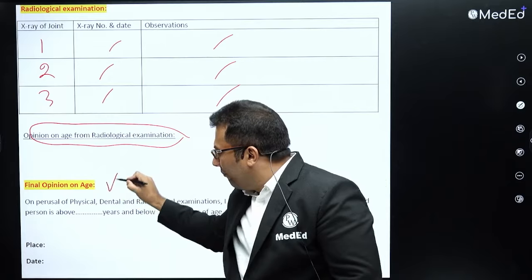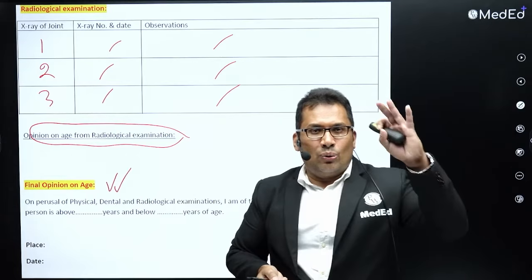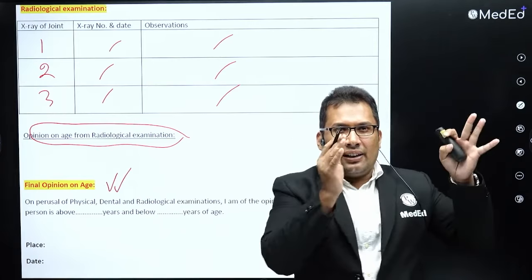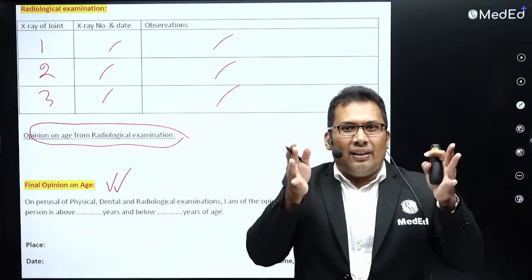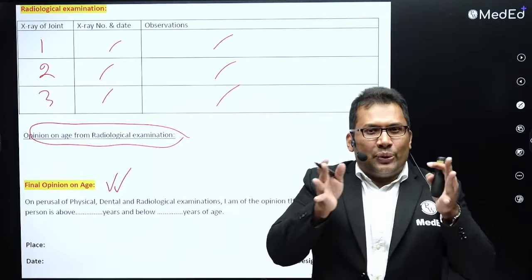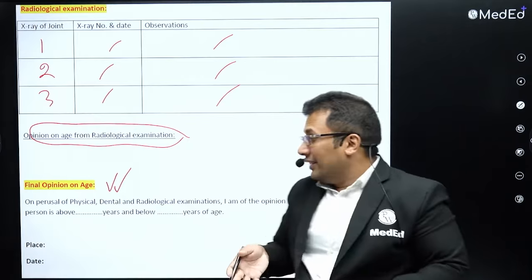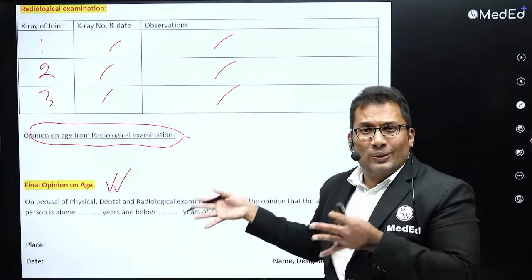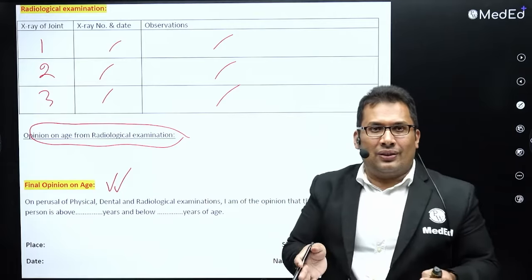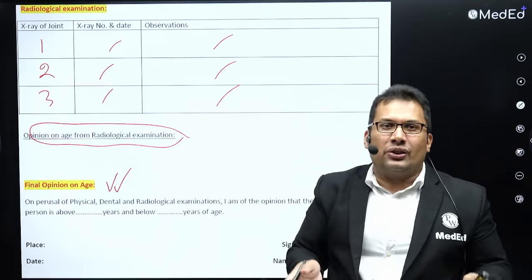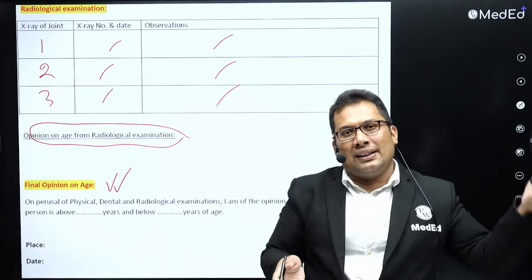But the very important is giving final opinion. You should go through all the 3: general physical examination, dental examination and radiological examination. You should give collective final opinion. This is the area where you tend to make mistakes. And one more thing, you need to narrow the range as much as possible. Don't give a report of more than 6 years, less than 18 years.